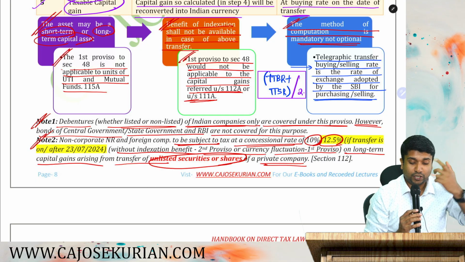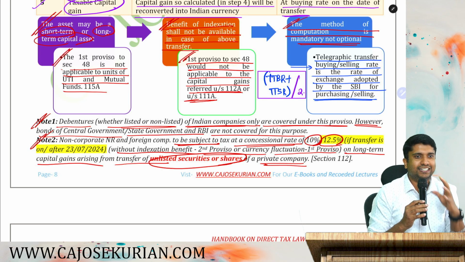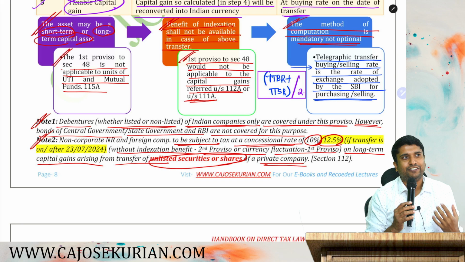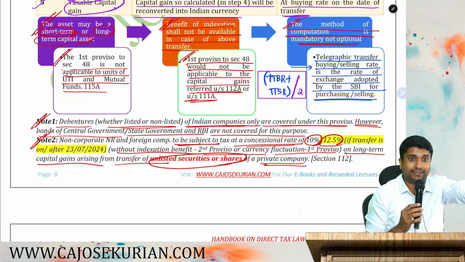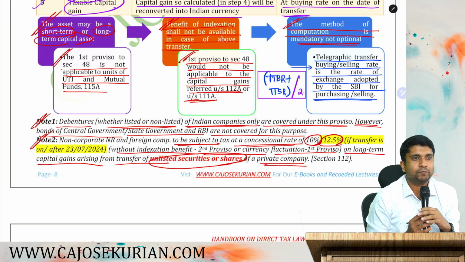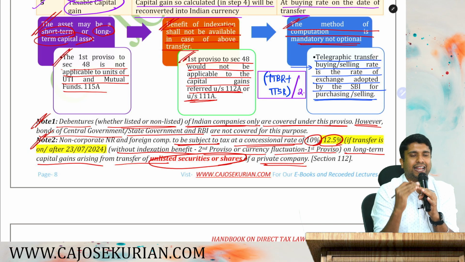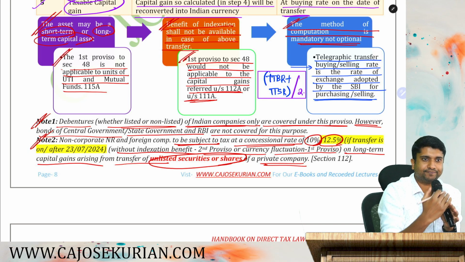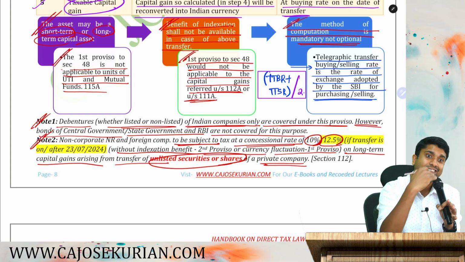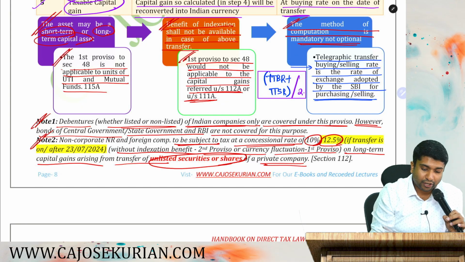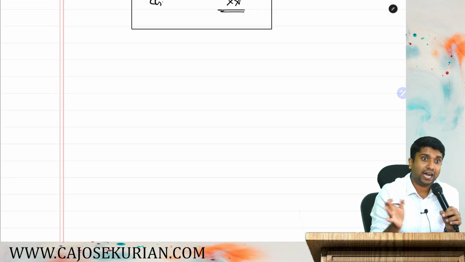But before 23rd July 2024, what is the relevance of 23rd July 2024? 23rd July 2024 is an effective day where the central government revamped the entire capital gain rates, structure, etc. Before that date, if you were transferring an unlisted share or an unlisted security of a private limited company, the rate of long-term capital gain was under section 112 at 20%.